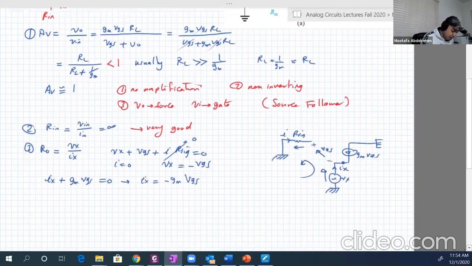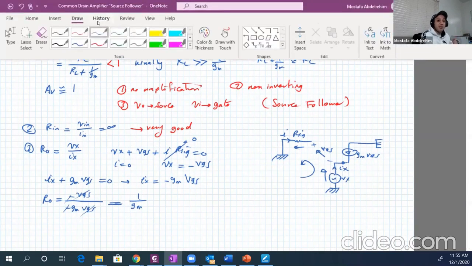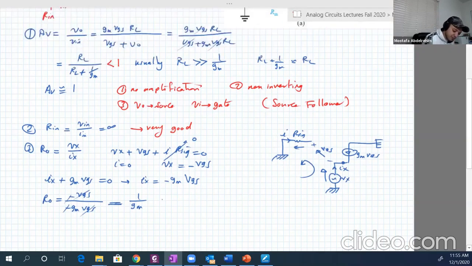Let's now substitute in RO. RO is equal to Vx, which is minus VGS, over Ix, which is minus GM VGS. So minus goes with minus, VGS goes with VGS. So this is 1 over GM. This is usually very low. Remember, this was the input resistance of the common gate, so this is a very low resistance, which is very good.